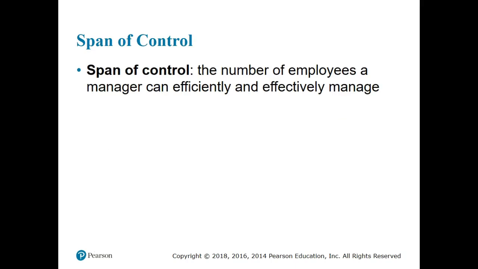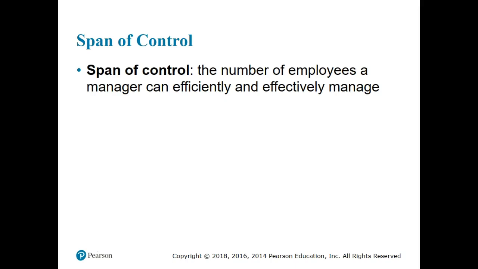Now, moving on to span of control. I started getting ahead of myself with the last slide. The span of control is the number of employees a manager can efficiently and effectively manage. Now, the traditional view was that managers could not and should not directly supervise more than 5 or 6 subordinates.